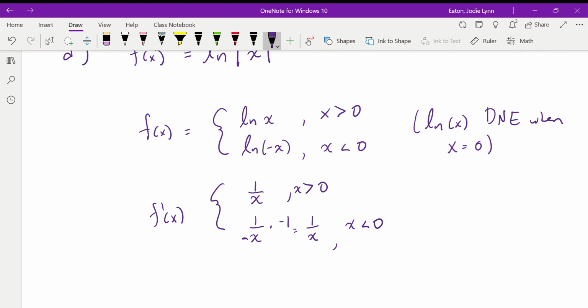Okay? So we're going to have 1 over negative x times negative 1, which is 1 over x. So actually, the derivative of ln absolute value of x is just 1 over x without any extra complications. So f prime of x, we don't need to write as a piecewise function. It is just 1 over x with the stipulation that x can't be 0.